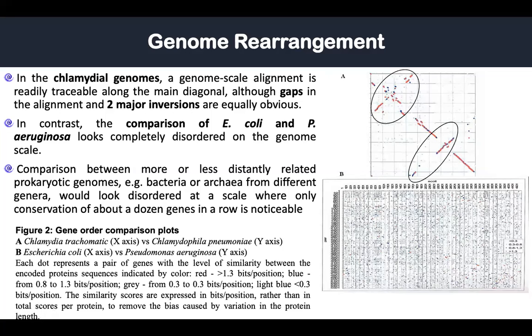This is what you normally see when you do a dot plot comparing genomes from quite distantly related organisms. For instance, if you're trying to look at similarities between a bacterial genome and an archaea genome, you may also have a dot plot that looks like this, right?